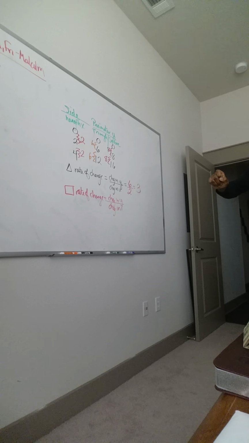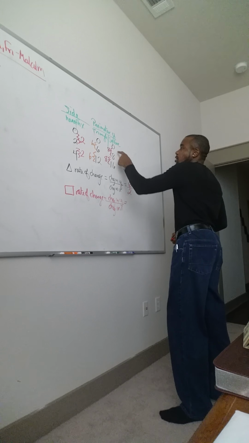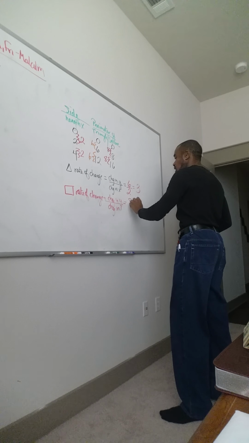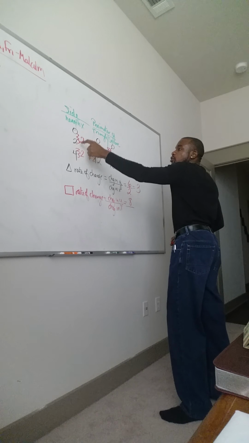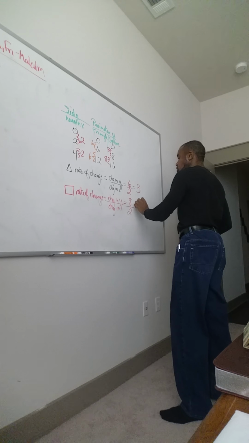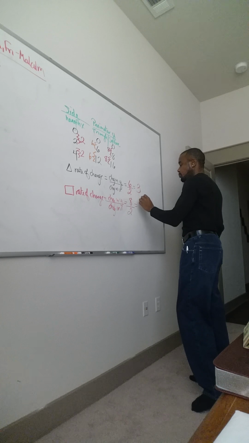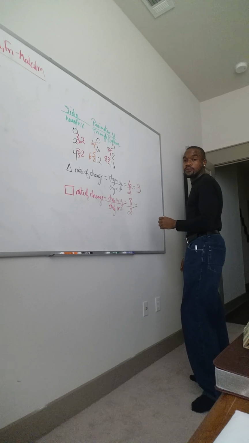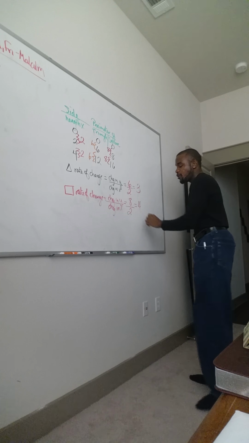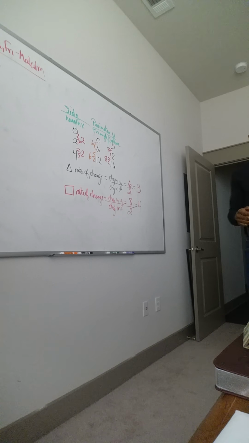So now, instead of the 6s, we got 8. 0 to 8 is 8, 8 to 16 is 8, 8 over, again, 2 to 4, 2. So 8 over 2 is how much? What's 8 divided by 2? 4. All right, that's the rate of change of the square.